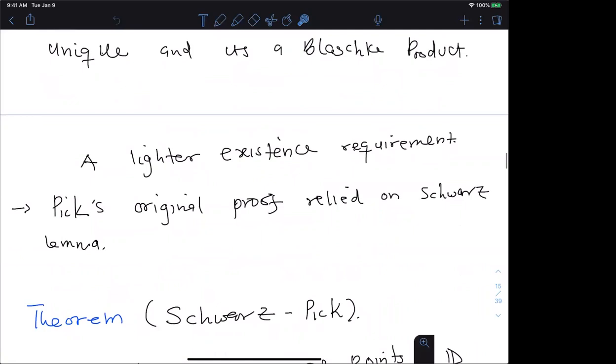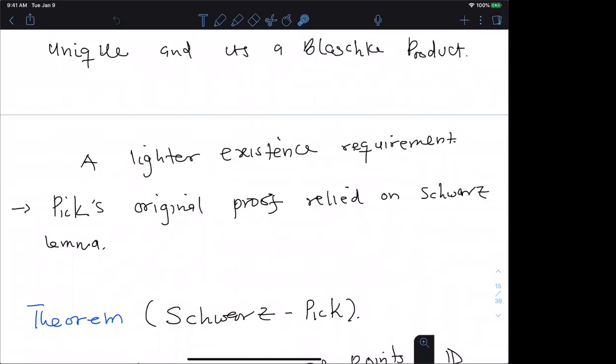Now, a lighter existence requirement, and I say lighter because the proof for the Pick interpolation problem relied mostly on a version of the Schwarz lemma. So Pick used an induction on the Schwarz lemma to get the solution to the n-dimensional problem.